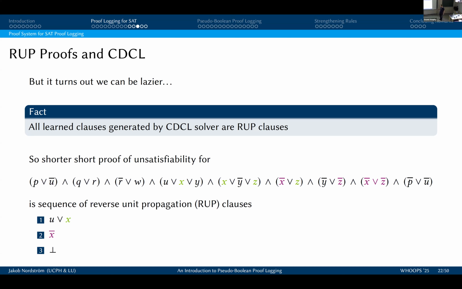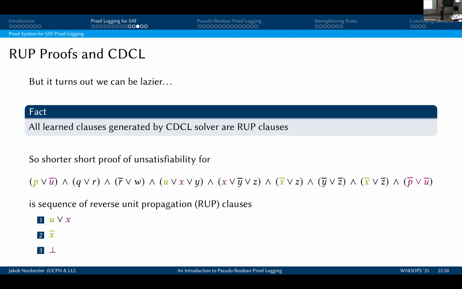So I'm basically claiming bottom by reverse unit propagation, which says just unit propagate on the formula now, and you will get contradiction. To see that this happens, first this clause says that X has to be false, but then this clause says that U has to be true, then this clause says that P has to be true, and now this clause is violated.